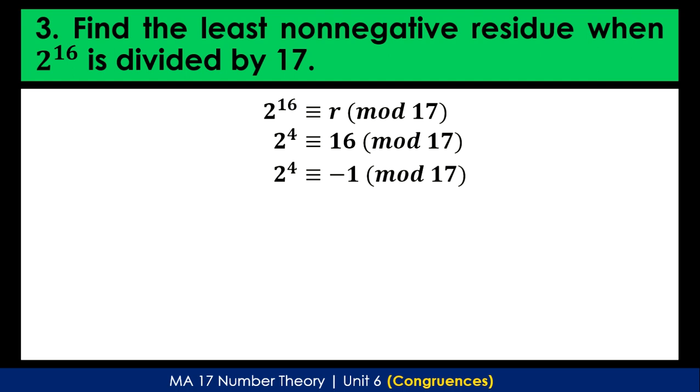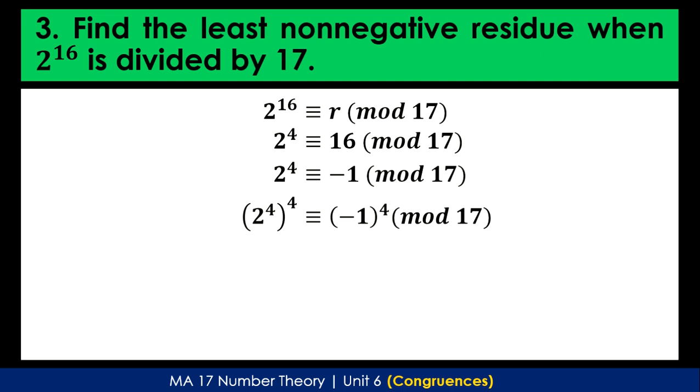Now, let's raise both sides, 2 raised to 4 and negative 1, to the power of 4. That's 2 raised to 4 times 4, which is 16, so 2 raised to 16, and then negative 1 raised to 4.